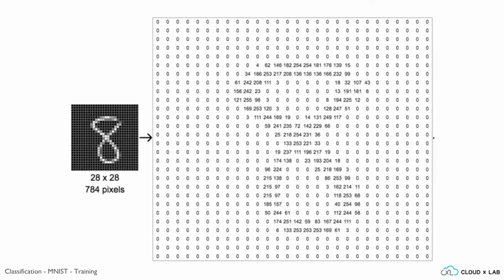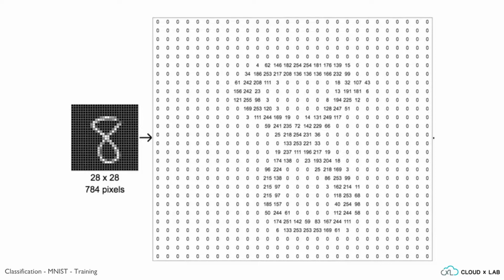Also, each image is grayscale, or in other words, black and white. Such an image is basically a two-dimensional array of numbers. The black color is represented as 0, white is represented as 255, and other shades are in between. So, an image is a two-dimensional matrix of numbers.